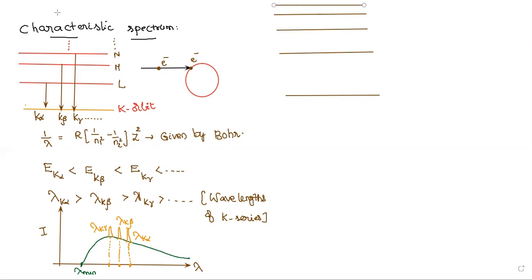You can understand that the electron jumps from, first possibility, M to L. Second possibility, N to L. Third possibility, O to L, and so on. You can find many wavelengths, and in the same way, no need to explain. Similarly, you can say these two conclusions.